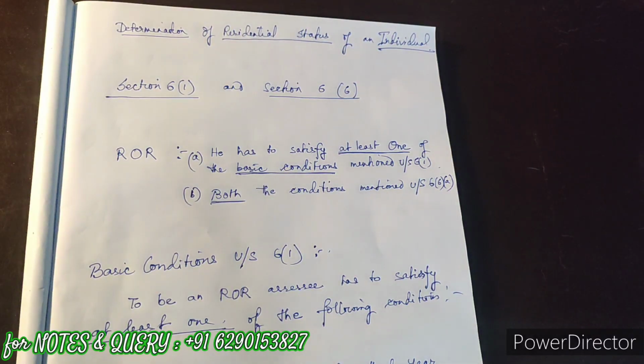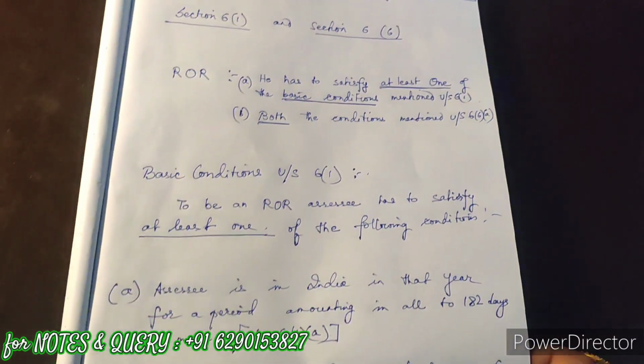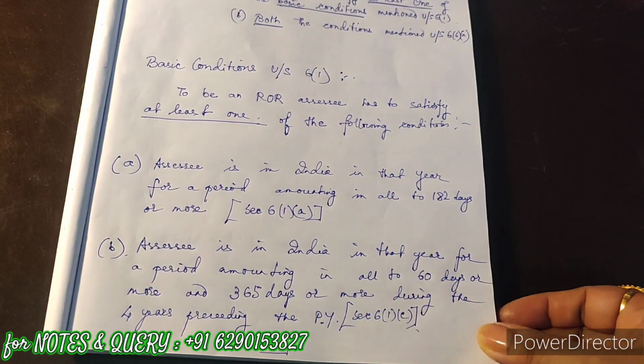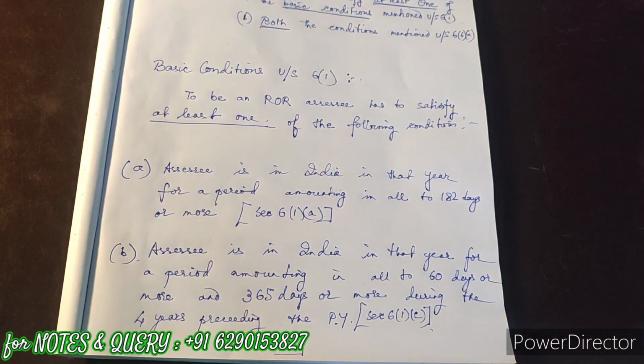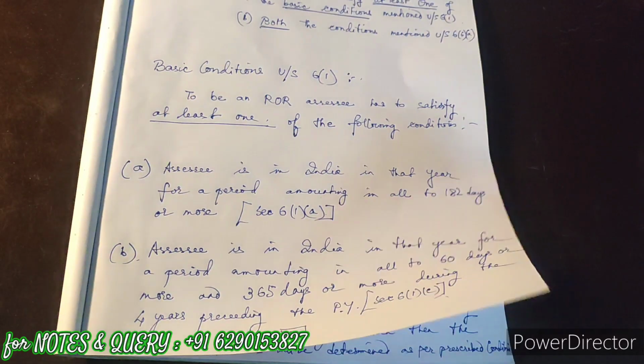Okay, so what are the basic conditions given in section 6(1)? To be an ROR, an assessee has to satisfy at least one of these following two conditions. There are two conditions given in section 6(1), and he has to satisfy any one of them. What does the first condition say? Assessee is in India in that year for a period amounting in all to 182 days or more.